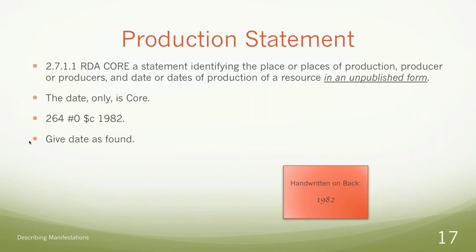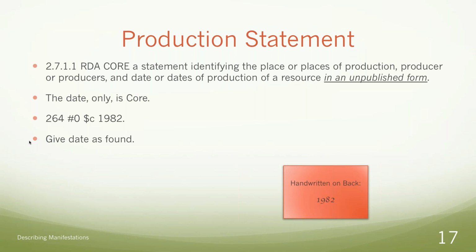Production statement. So if you have still images that are unpublished, and these would particularly apply to art originals, you will have a production statement. The only piece of the production statement that is core is the date.